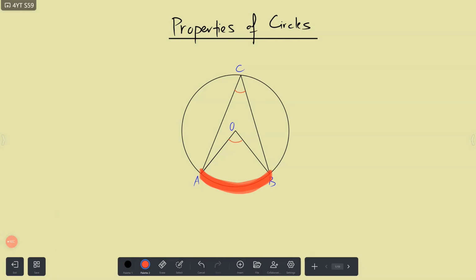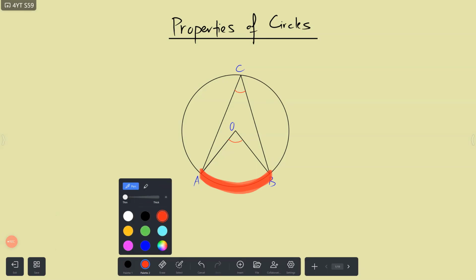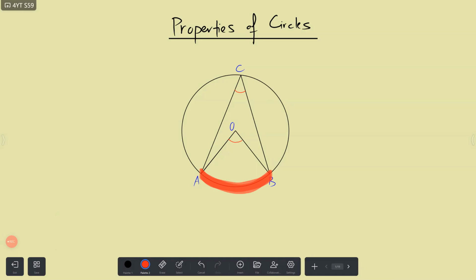Okay, and if you look at their position of the angle, they are both facing in the same direction, which is facing this way and facing this way. They're facing downwards, or rather, they're facing in the same direction. It doesn't matter downwards or leftwards or whatsoever, they are facing the same direction. And if you have this situation, then you can say that if the angle at the circumference is theta, then angle at the center is equal to 2 times the angle at the circumference.